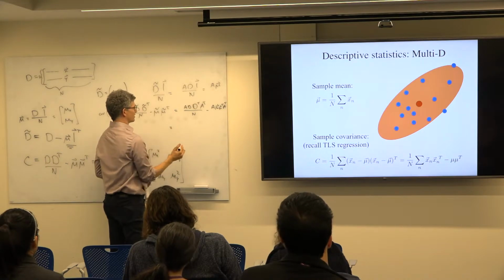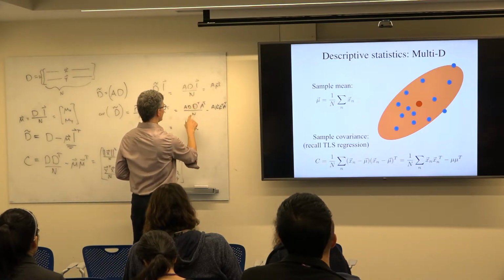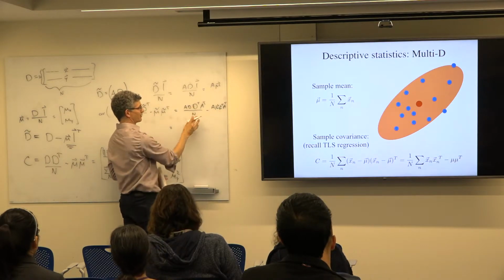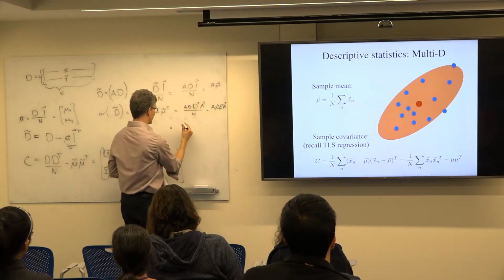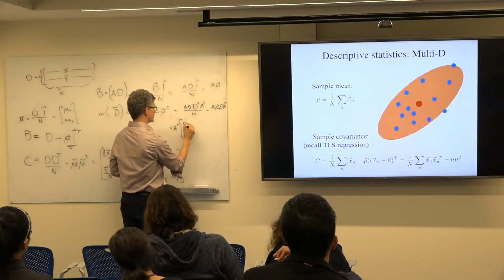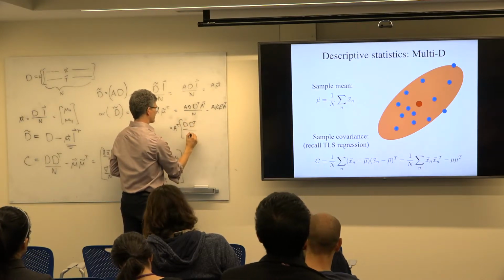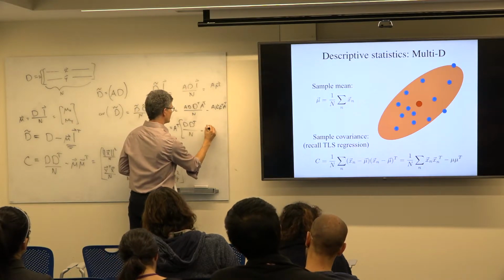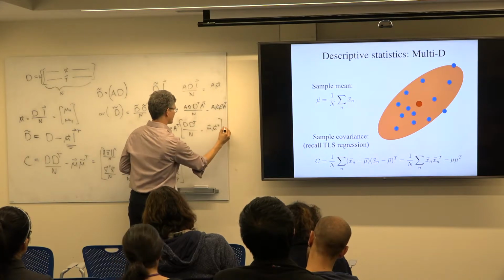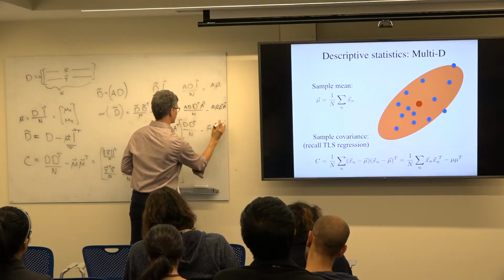And now I notice that really, I can factor the A and the A transpose out of this, because both of these terms have an A on the left and an A transpose on the right, so I can write that. A times D D transpose over n minus mu mu transpose like this, and then there's an A transpose on the other side.